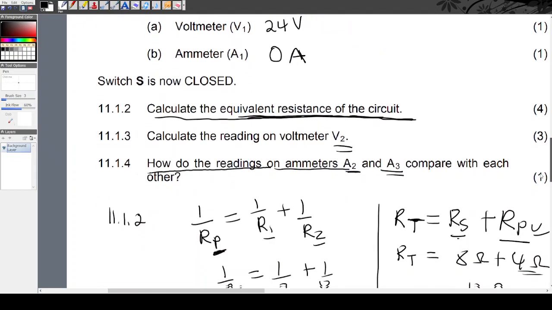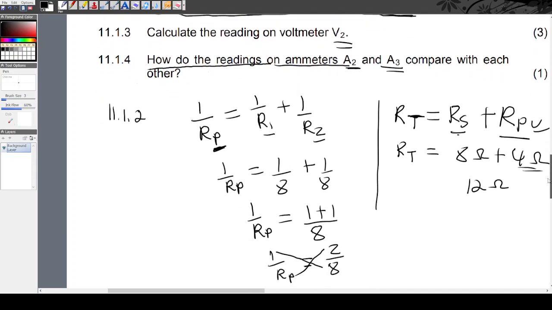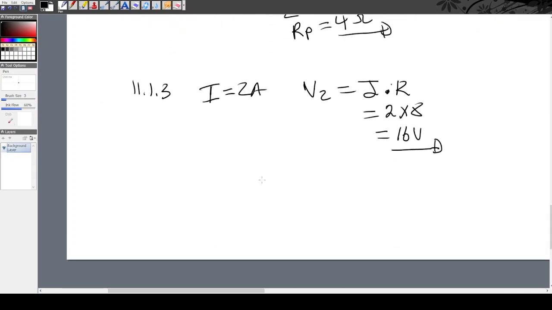So the answer for the last question, 11.1.4, would be A2 is equal to A3. That's 1 mark.